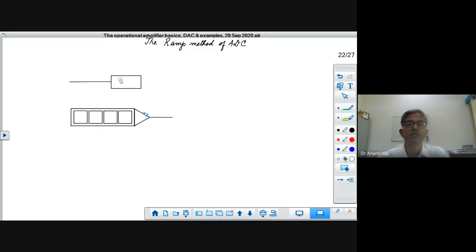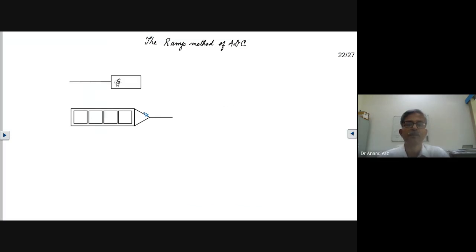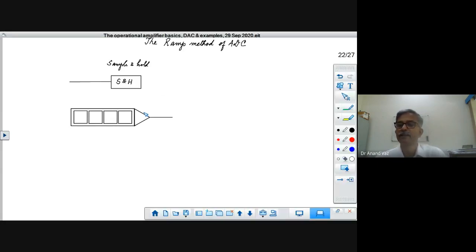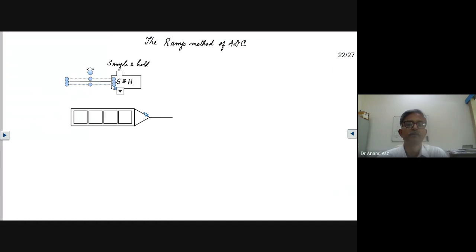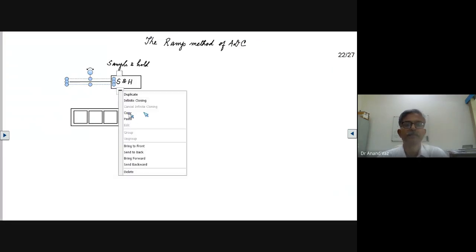So this is our sample and hold. We'll call this sample and hold. So our signal is here. We are sampling it and holding it, and then we are obtaining this signal.